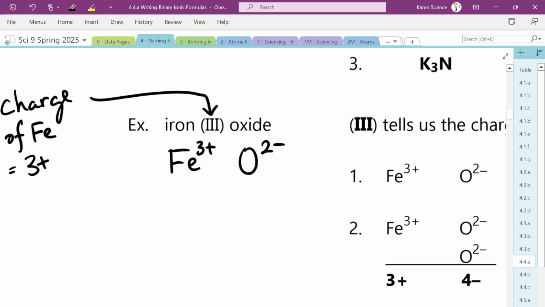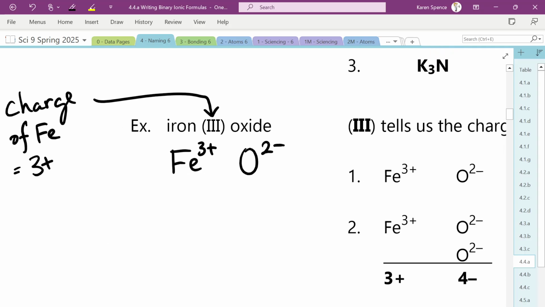Now, there's a couple ways of doing this. If you're good with lowest common multiples, you can use those. I'll show you how to do that in a moment. But for now, we need to make the positive equal the negative. So right now I do not have enough negative, so I'm going to add one more oxygen. How much negative charge do I have now? -4.